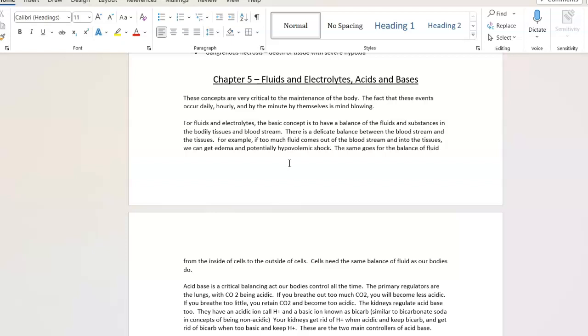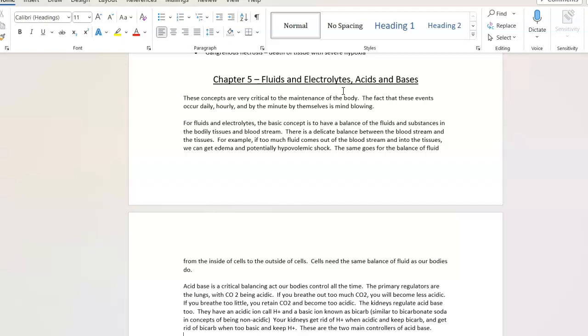Hopefully you already have a good basis of this. And the thing I sort of did in this introduction is mind-blowing. It's mind-blowing that all these things happen all the time to balance fluids, to balance acid base, to balance electrolytes, and we have such a narrow window of critical ranges here.